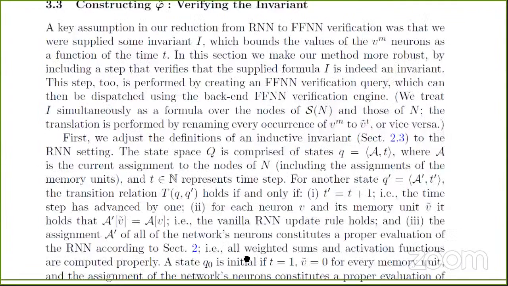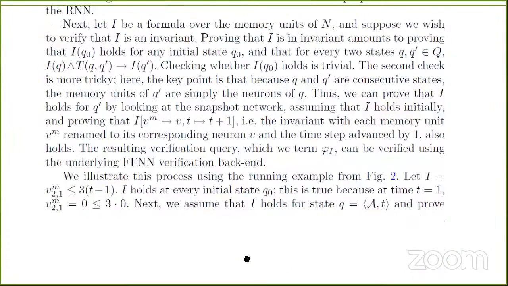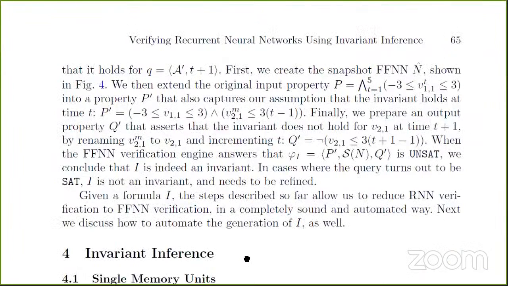A is the current assignment to the nodes in N. So if the property holds at some point, then it also holds in the next time instant. Any time t within those bounds, then it holds good for the next time. The way this is done is by creating this snapshot, and then by asking this property.